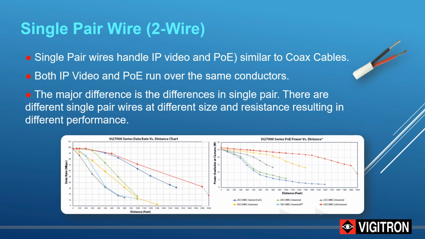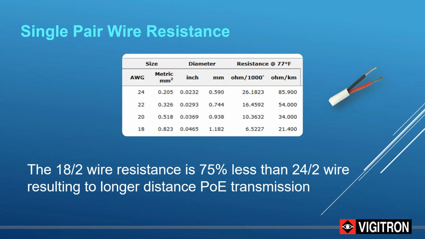The difference is in single pair, there are different single pair wires at different sizes. Some of you might be aware that Cat5 cabling is really 24 gauge. In many cases, when we see alarm installations, they're 18/2 or 16/2. So again, within the single category of single pair wiring, we have several different performances based on the gauge of the wire as to how it will respond to data or PoE transmission.